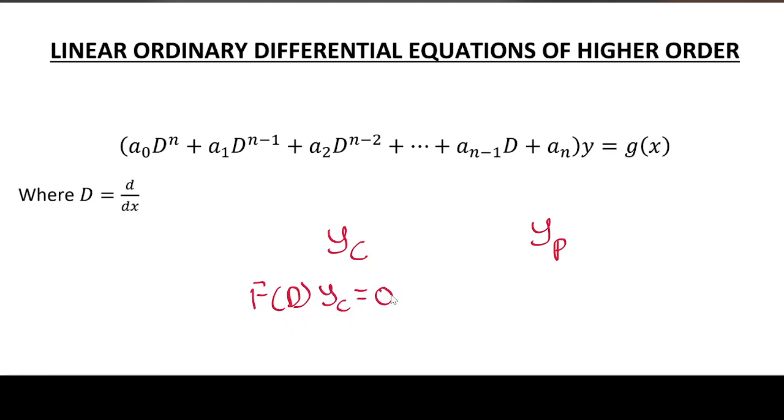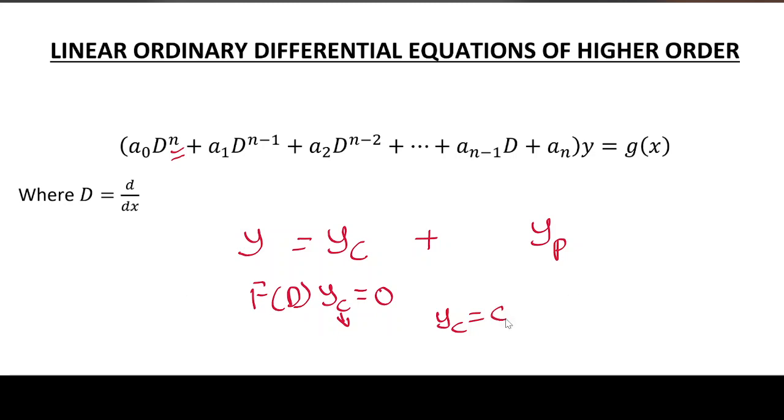That is actually the vanishing part of the solution. The sum of these two solutions, we refer to as the general solution, and we denote this as y. In the complementary function, we will get arbitrary constants, and the number of arbitrary constants depends on the order of the differential equation.